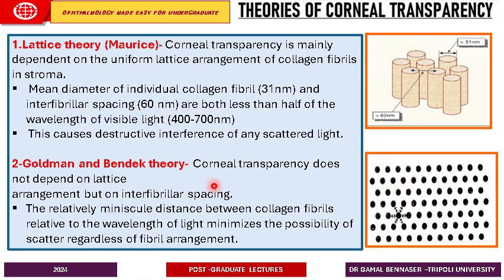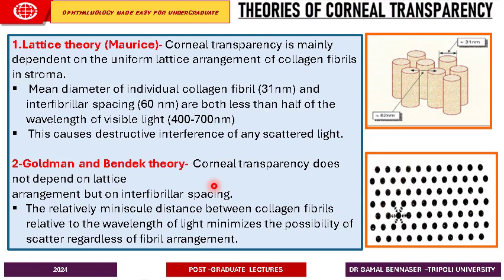Many attempts have been made to explain the theories behind the transparency of the cornea, and there are two main theories that explain it, known as the lattice theory or the Maurice theory. This theory predominantly relates the corneal transparency to the uniform lattice arrangement of the collagen fibers.